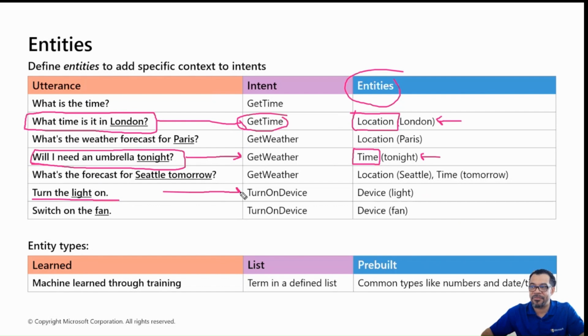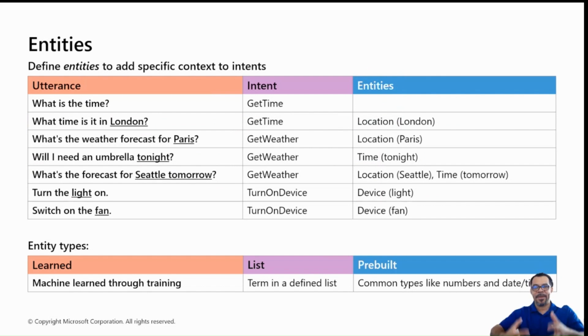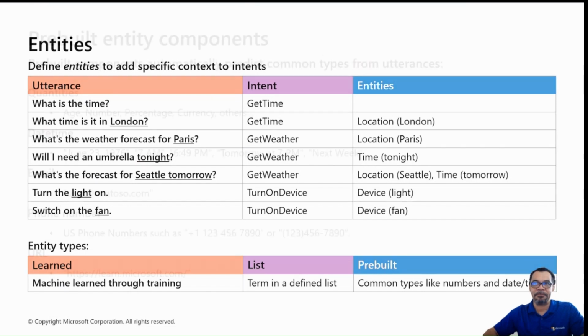And the intent here is to turn on the device. So in this case, the entity would be a device, and it would be tagged back to light. Now, the purpose of entities is to better help your model train and determine how to better respond. That is the primary purpose of the entities that you have within your system.